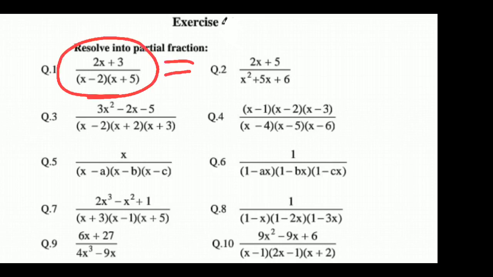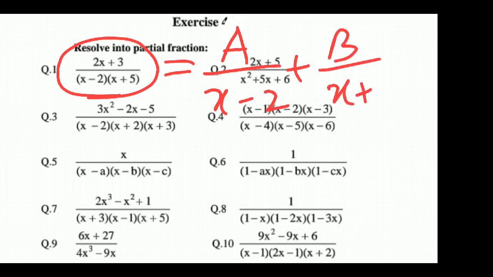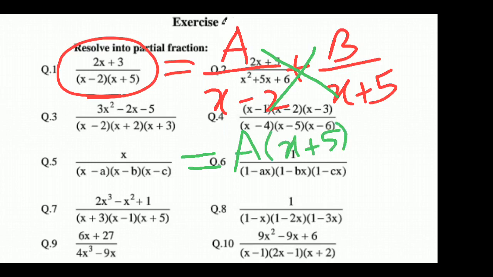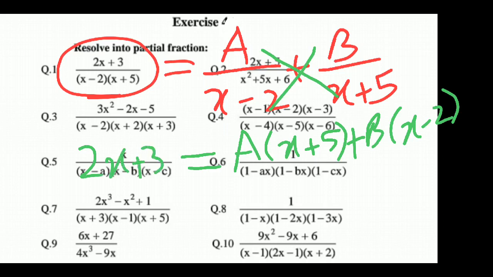So for this partial fraction, the first step is to split (2x plus 3) divided by (x minus 2)(x plus 5) into two parts. One is a by (x minus 2) plus b by (x plus 5). In the next step, you cross multiply: a into (x plus 5) plus b into (x minus 2), while 2x plus 3 on the left hand side remains the same.